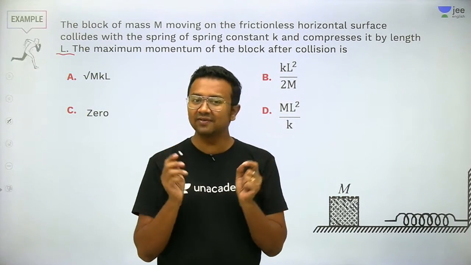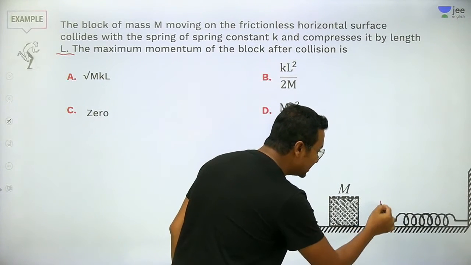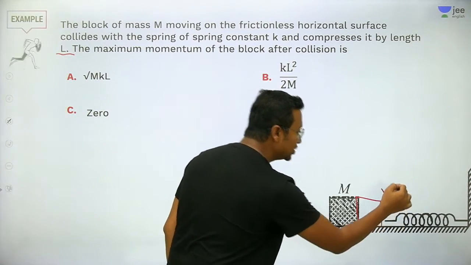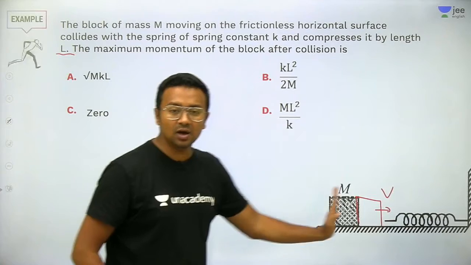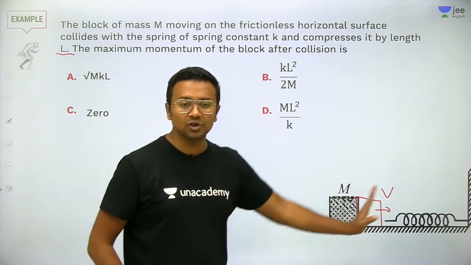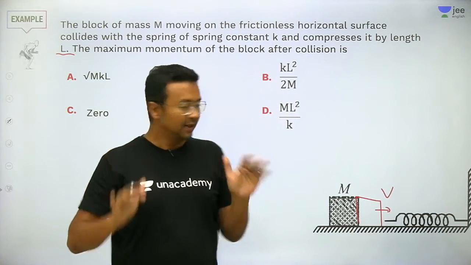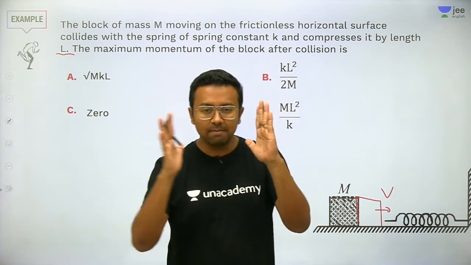Now the concept is very, very simple. Just before it collides, let's say it has a velocity v. As it is moving on the smooth surface, definitely its velocity is not going to decrease. But once it collides, what is going to happen? It is going to compress the spring.